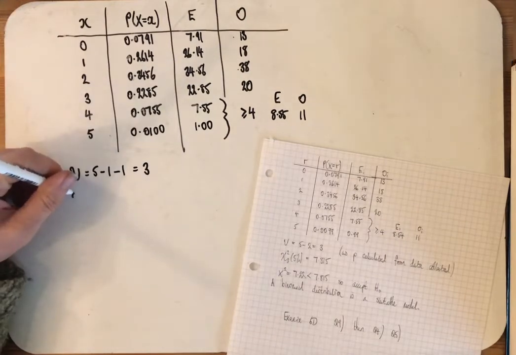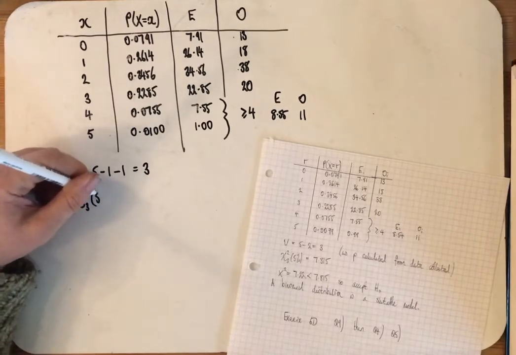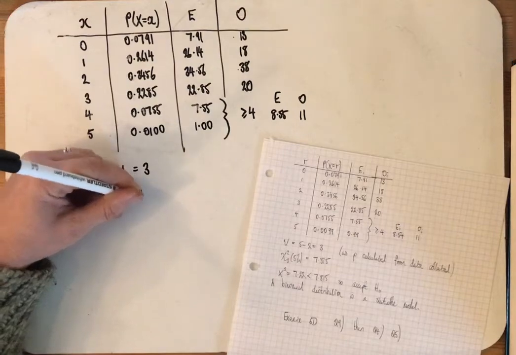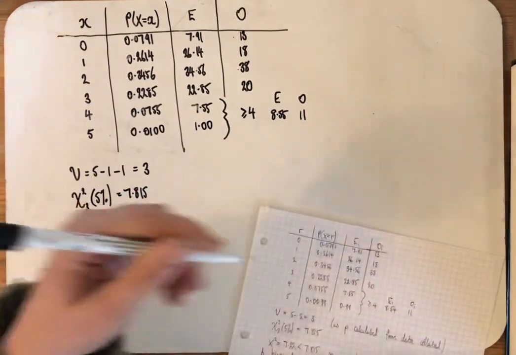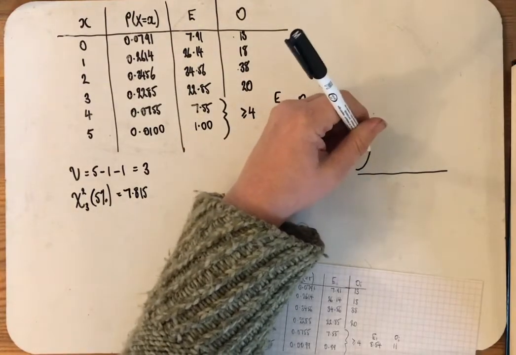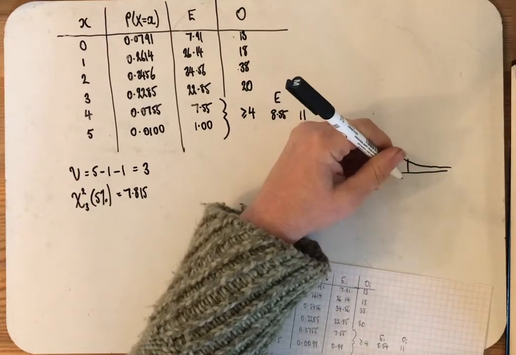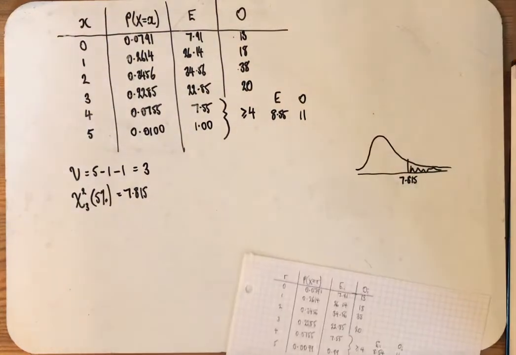And then the critical value for 3 degrees of freedom at 5% is 7.815, and you can read that from tables, so you've been doing a bit of that already. And if you remember what that means, it's the value over here, so the probability of being to the right of that value is 5%.